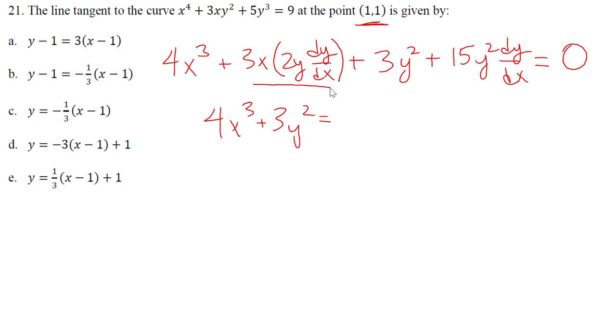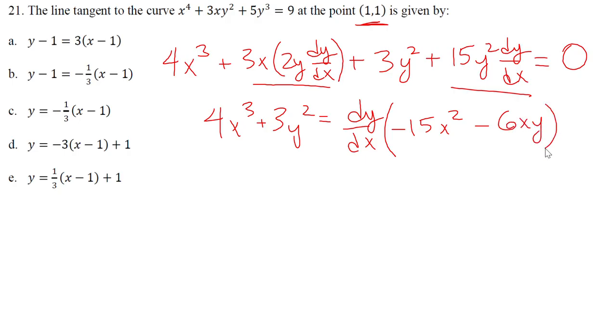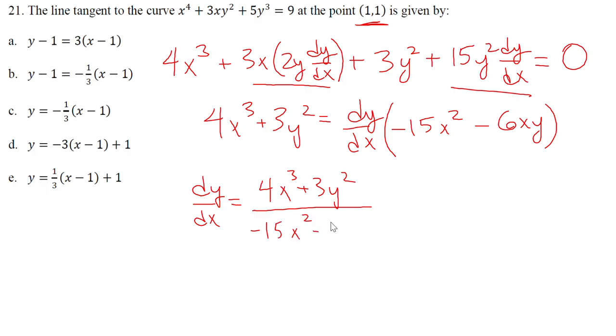They both have a dy/dx attached to them, so I know I'll be able to factor that out. And it'll be a negative 15y squared and a negative 6xy when I multiply the 3x with the 2y. So dy/dx is equal to 4x cubed plus 3y squared over negative 15y squared minus 6xy.